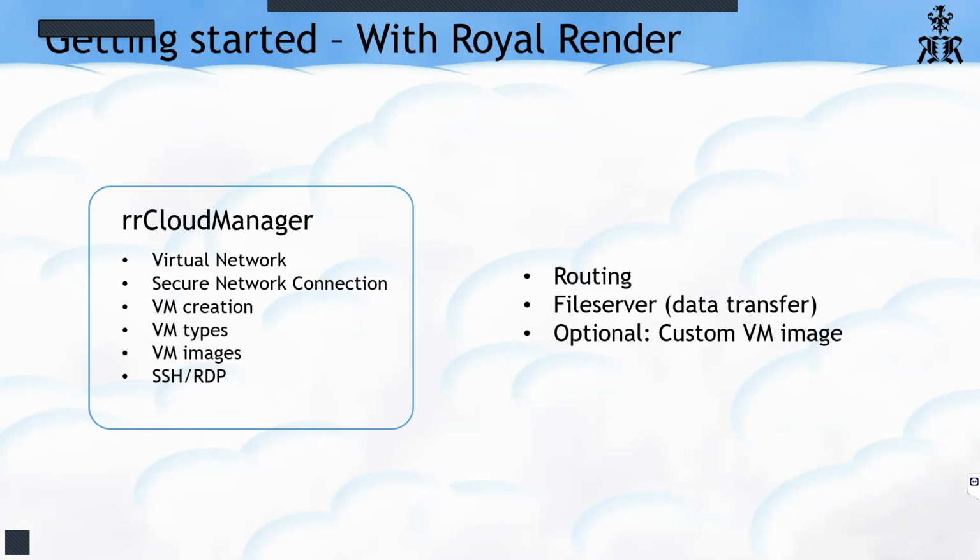And optionally, but most of the time, you will want to create your custom VM images. What we do is provide pre-configured VM images for the big three cloud providers: Azure, AWS, and Google Cloud. But we cannot take all those different aspects into account, so you might want to use that as a starting point for your custom images.